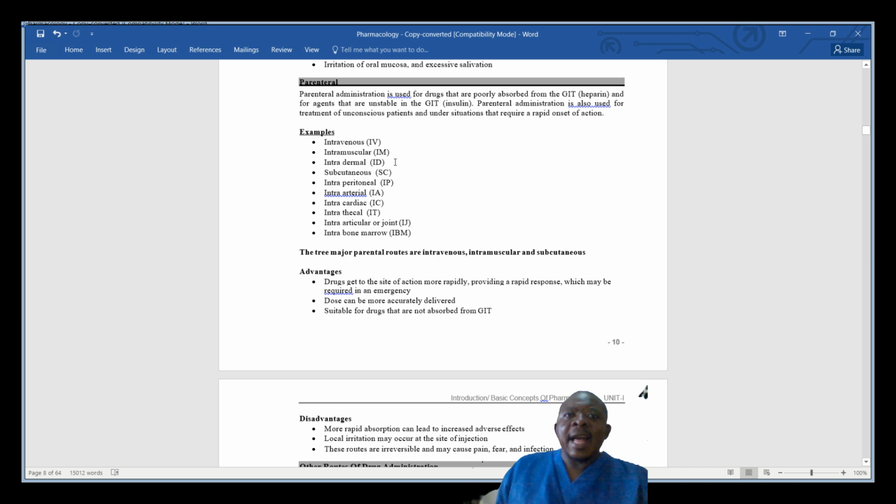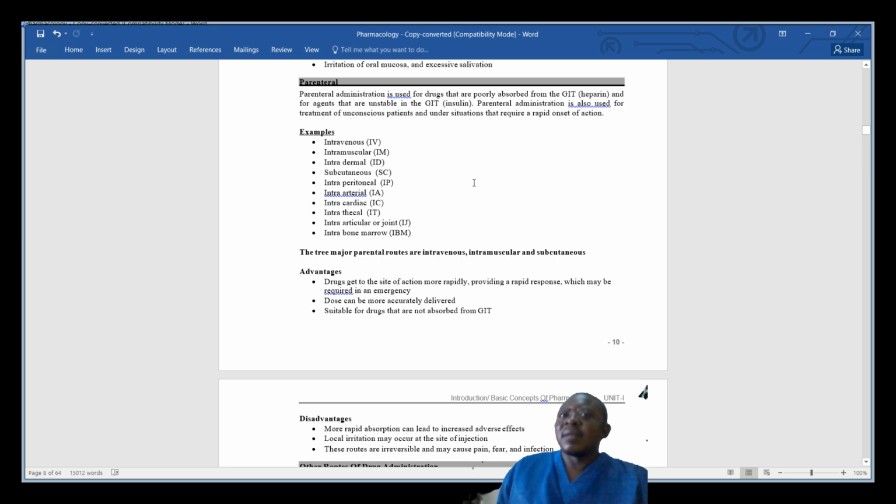Other unstable drugs that may not be given through the oral route is insulin. If given through the GIT, they can be affected.